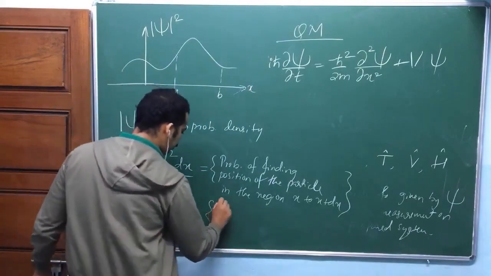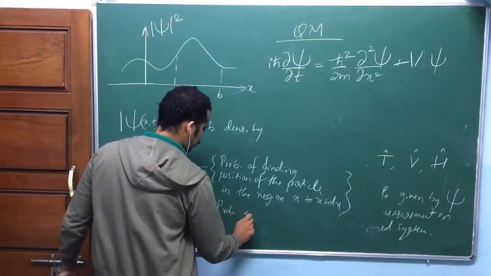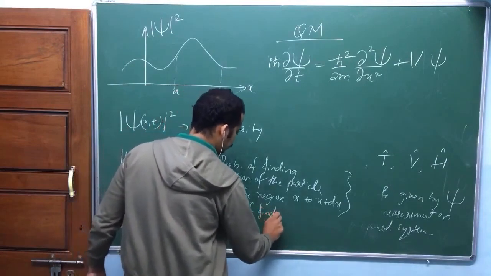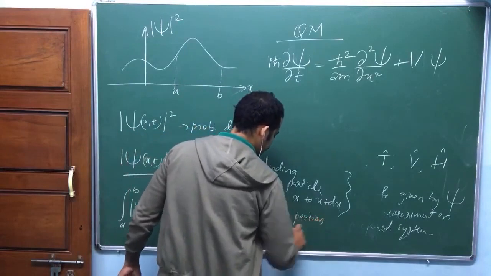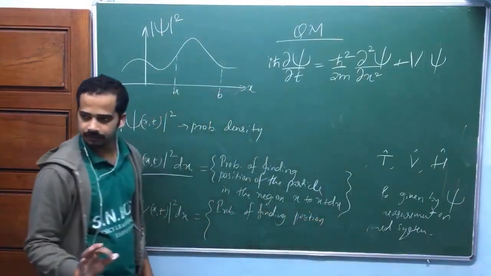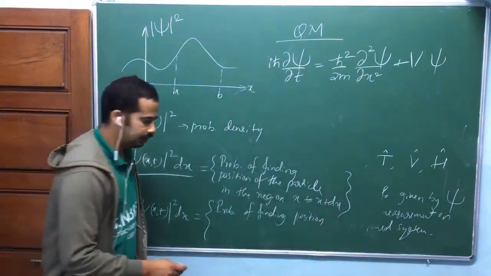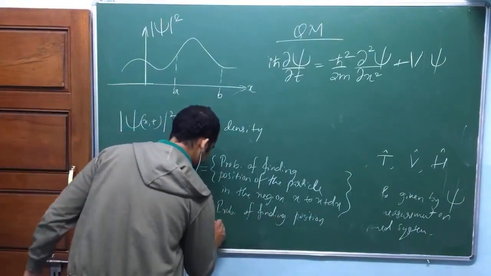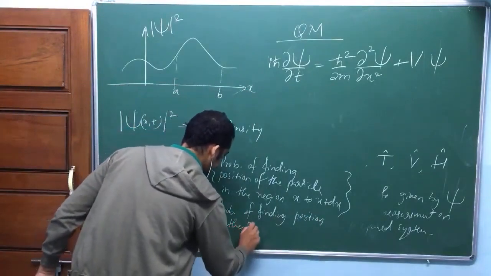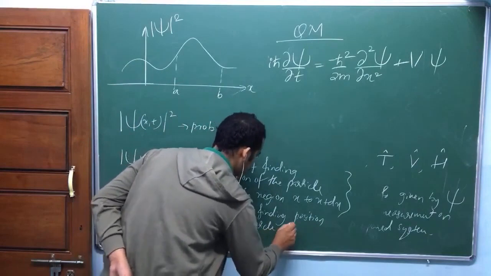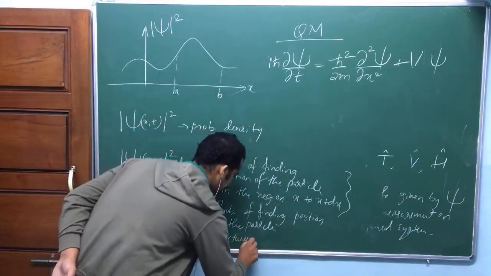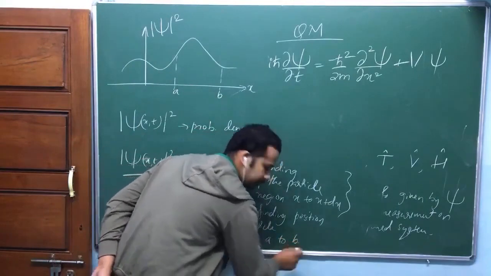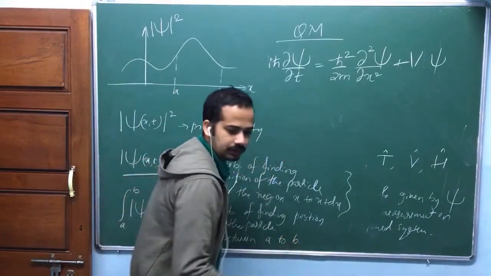You will get the probability of finding the position of the particle, not finding momentum or something. Later we shall discuss that. Probability of finding the position of the particle within a to b.